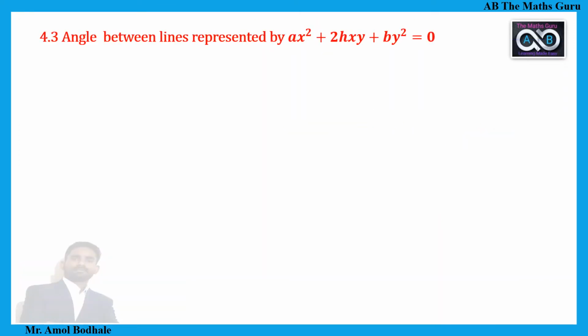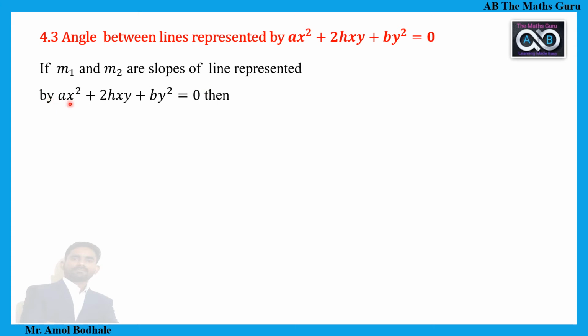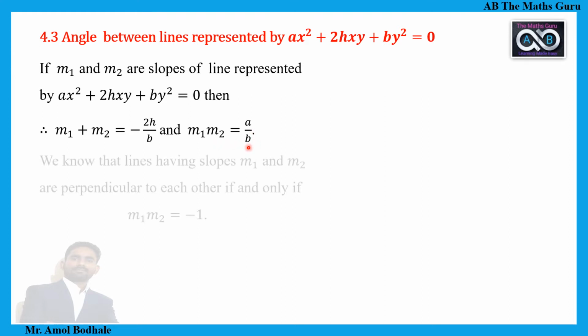Angle between lines represented by ax square plus 2hxy plus by square equal to 0. If m1 and m2 are the slopes of the lines represented by the given equation, then we know the relation between the sum of slopes and the product of slopes, that is m1 plus m2 equal to minus 2h upon b and m1 into m2 equal to a by b.